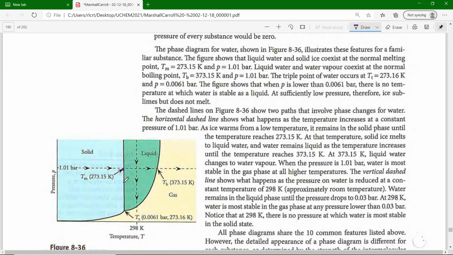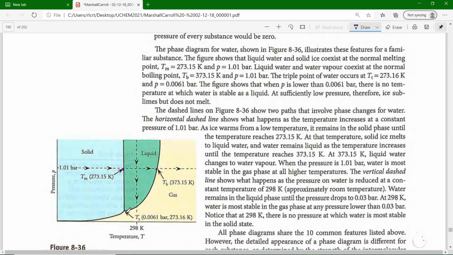If I lower the pressure, the melting point is going to go up a little bit. It's not a big deal, but it goes up a little bit. And here's the boiling point, and you see here that if I lower the pressure, the water will boil at less than 373 Kelvin.